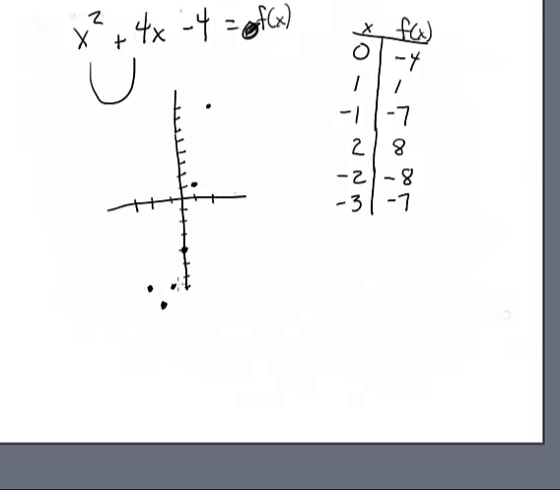All right, we can kind of see a pattern here. If I do negative 4, negative 4 squared is 16 minus 16, that'd be 0. Take away 4 is negative 4. So negative 4, negative 4.